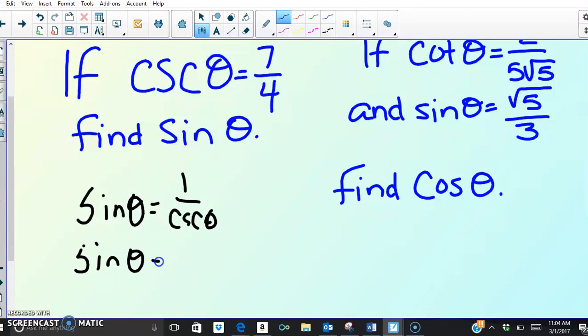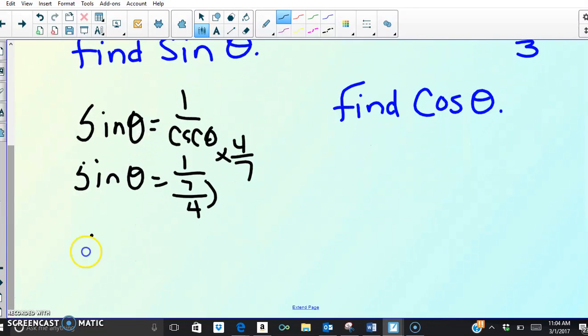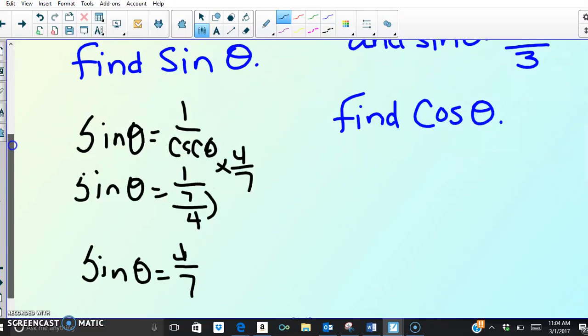So sine theta equals 1 over 7 over 4. Remember, we reciprocate and multiply. So we're multiplying by 4 over 7. When we do that, we actually get sine theta equals 4 over 7. So you kind of already knew that.